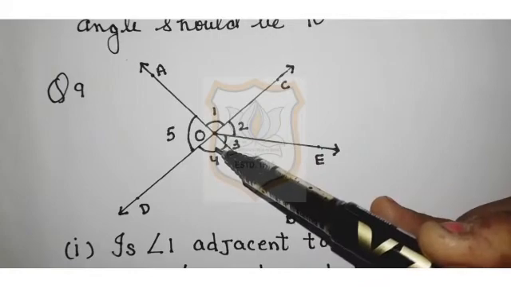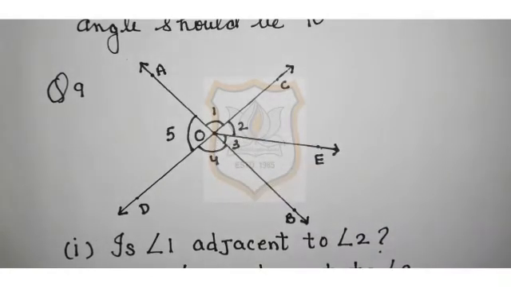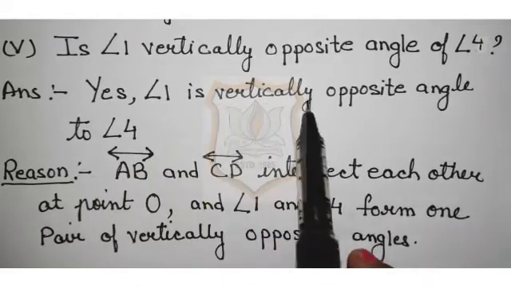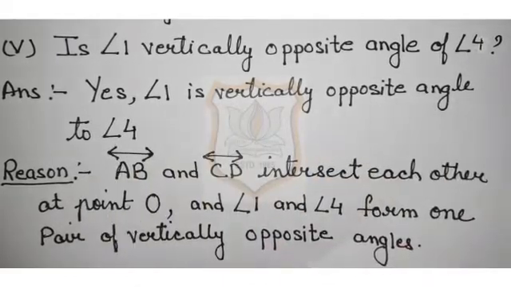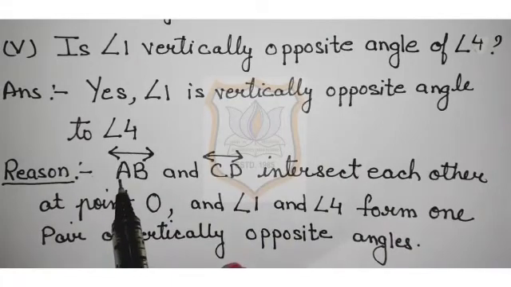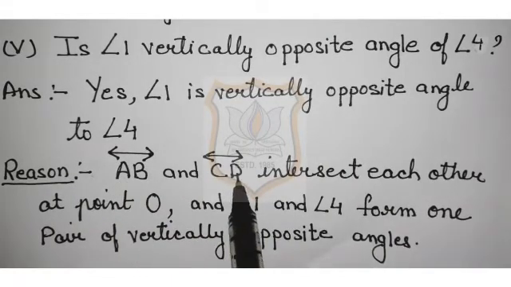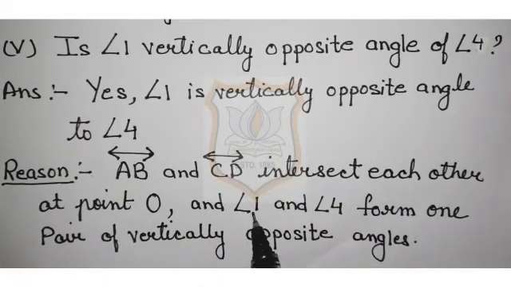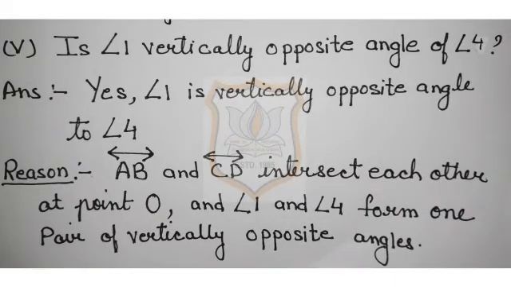I will explain by giving the reason. The answer is yes, angle 1 is vertically opposite to angle 4. Reason is, line AB and line CD intersect each other at point O, and angle 1 and angle 4 form one pair of vertically opposite angles.